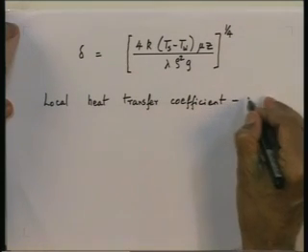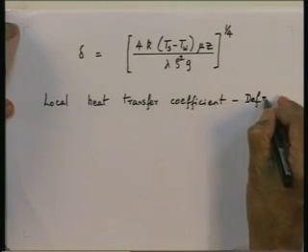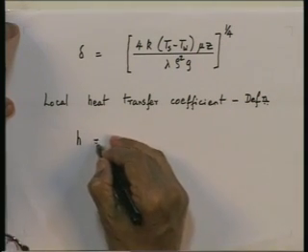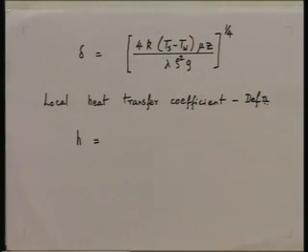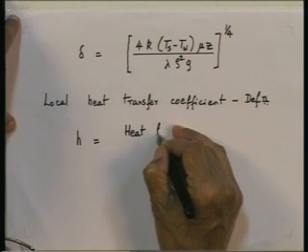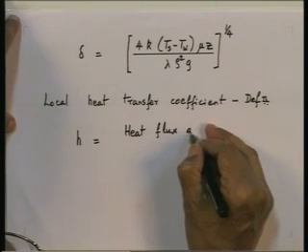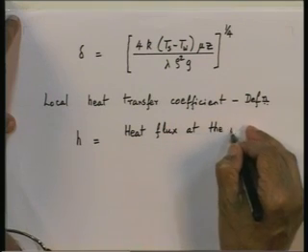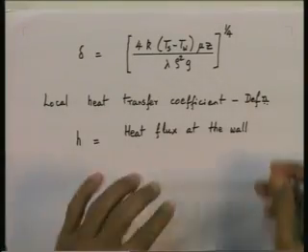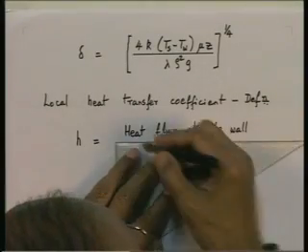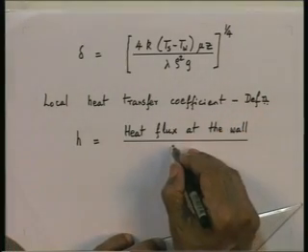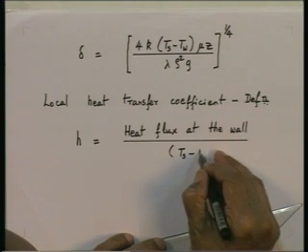We will define it as follows. h is equal to, as always, we are being consistent, the local heat transfer coefficient is equal to the heat flux at the wall divided by the temperature difference T_s minus T_w.